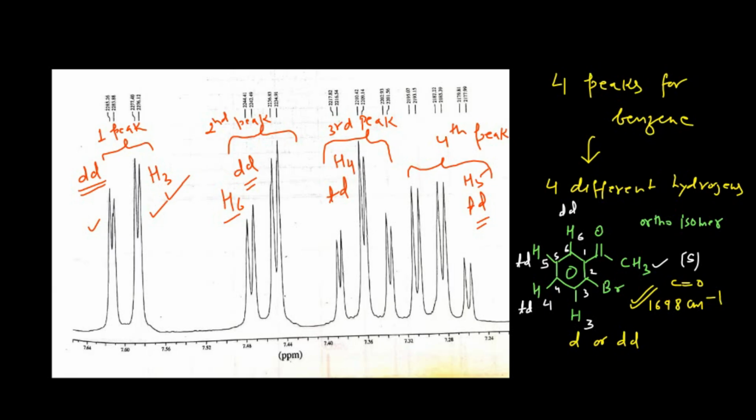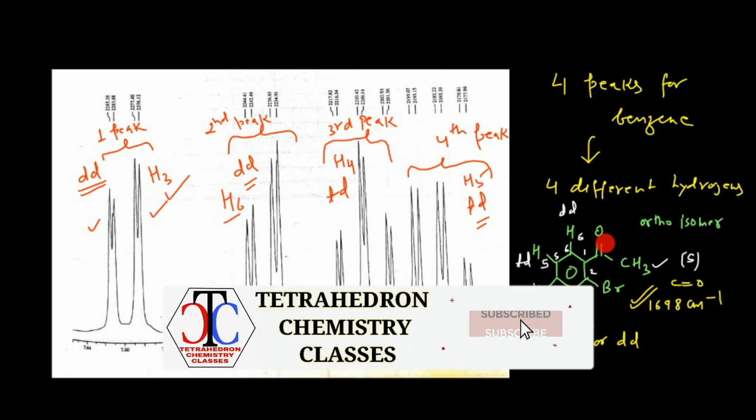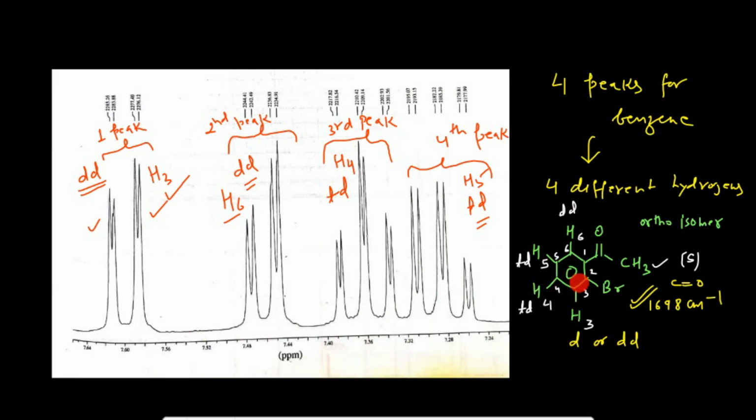Why does this happen? This Br and this COCH3 are at the ortho positions to each other. This bromine will create steric repulsion to this carbonyl group, and due to this steric repulsion, this carbonyl group will no longer remain in the plane of the benzene ring.